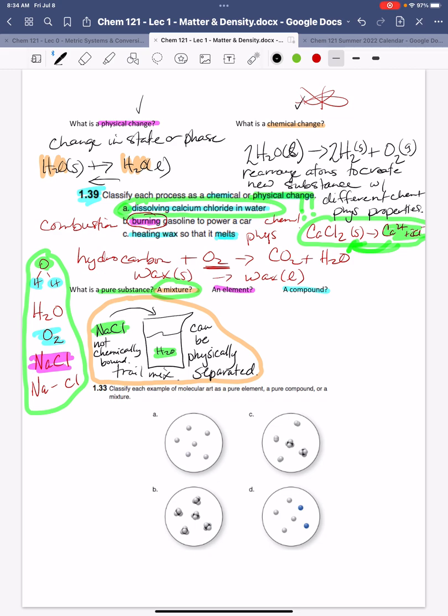An element is pretty easy. An element is basically anything that you find on the periodic table. These are substances made of only one type of atom.